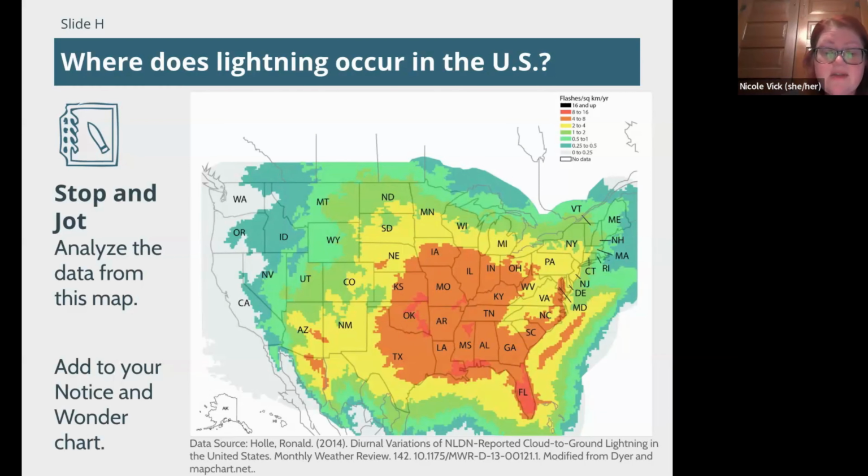So about 30 seconds to look at the data and jot down anything that seems interesting for you. Okay, about 5 more seconds to wrap up your thoughts.